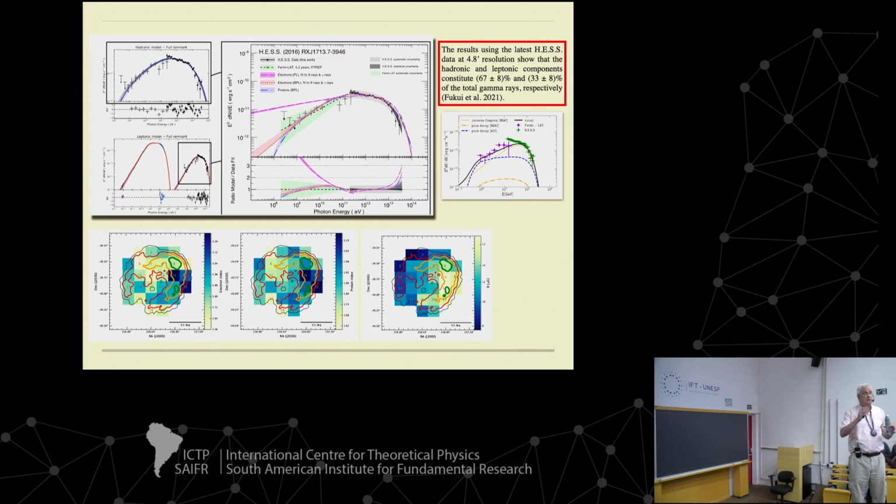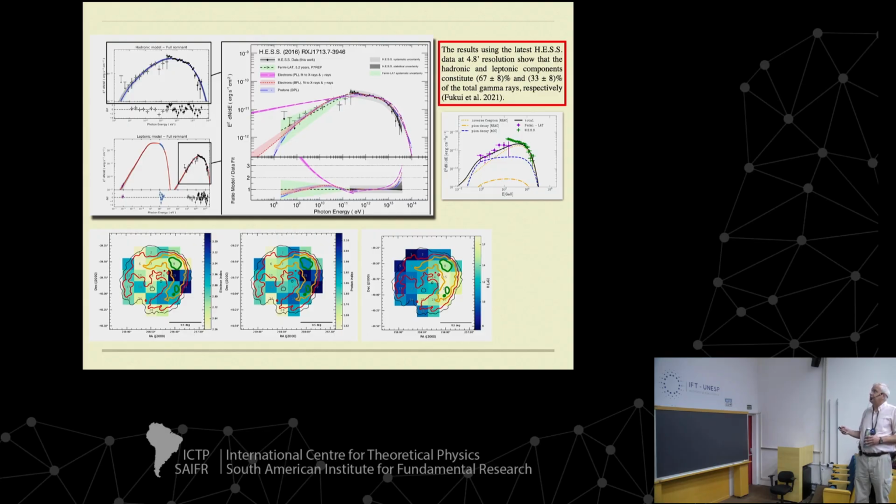decomposing the image in, as you see here, almost 30 different pieces, and it was determined in each one of these pieces which were the most relevant radiative processes. And the result, of course, is quite complex, but on average, we found that about 67 plus or minus 8% of the radiation at high energies comes from hadronic processes, on average over all these regions you see here.